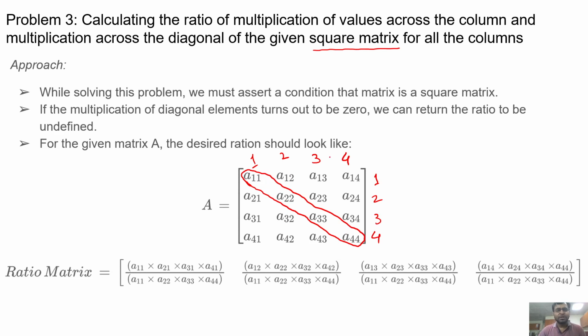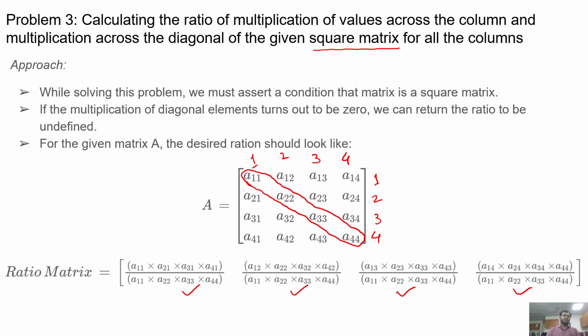And similarly we should do it for column 3 and column 4. So this is how we are going to get our four required elements. This is the idea. We need to try to compute these elements of the matrix.